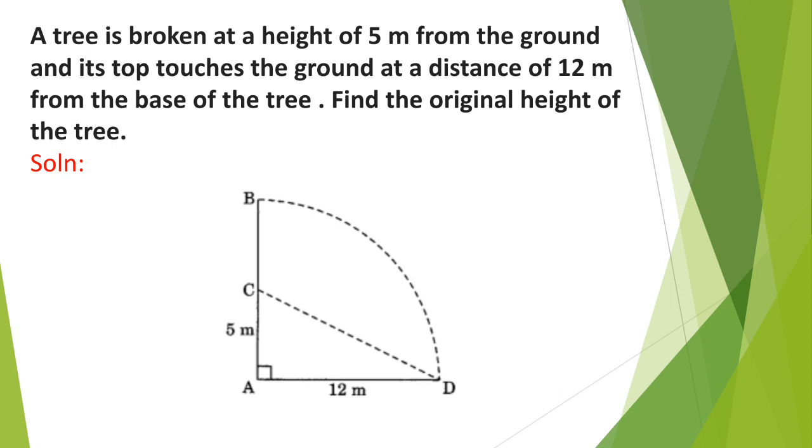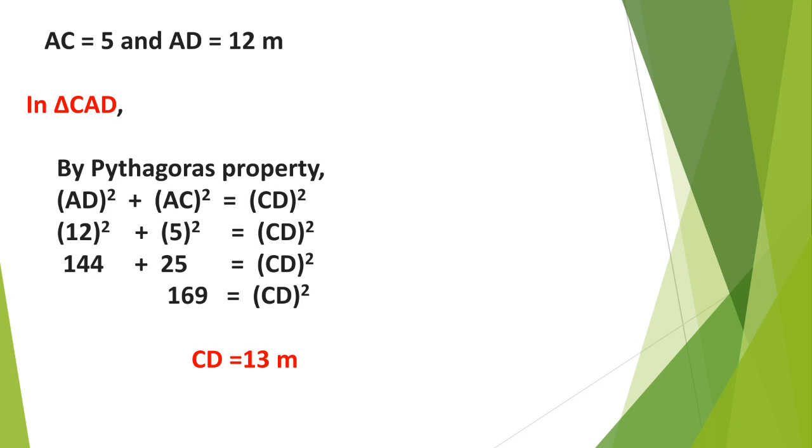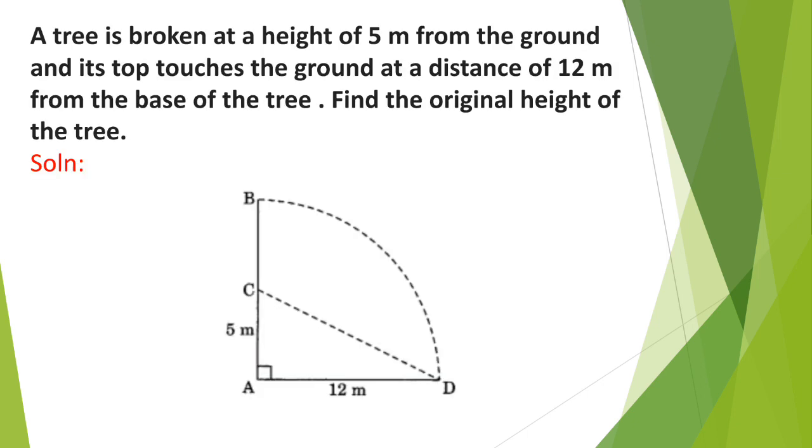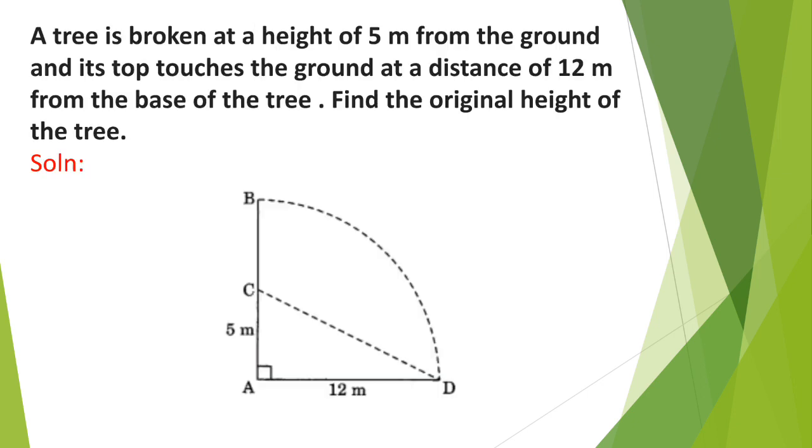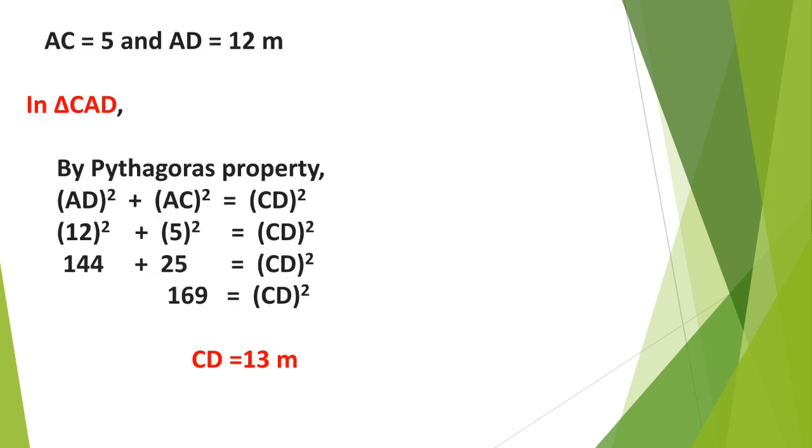If we find CD, that is the broken piece, we can conclude the original height of the tree, because BC falls on the ground like CD. BC is equal to CD. Using the property, AD is the base, the legs are AD and AC. AD square plus AC square equals hypotenuse CD square.